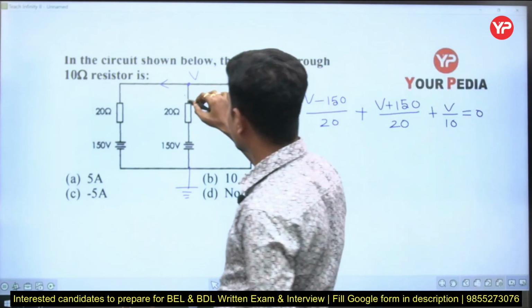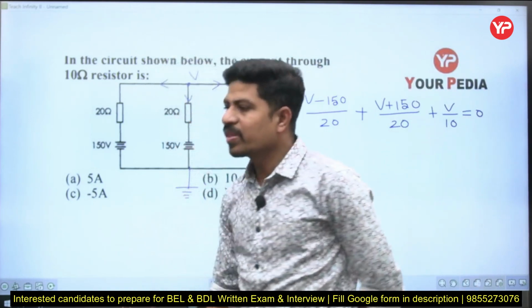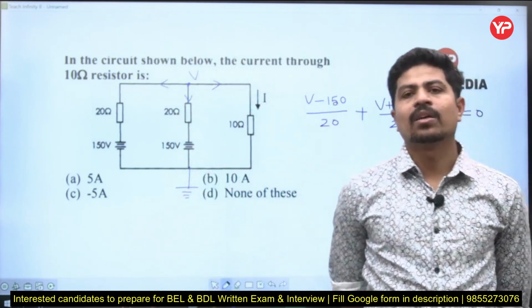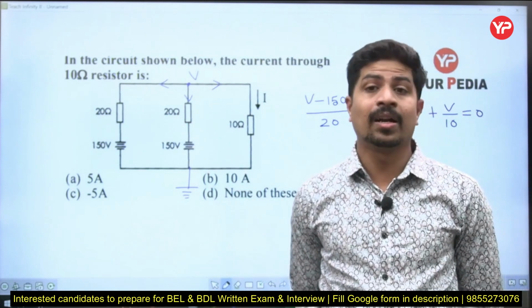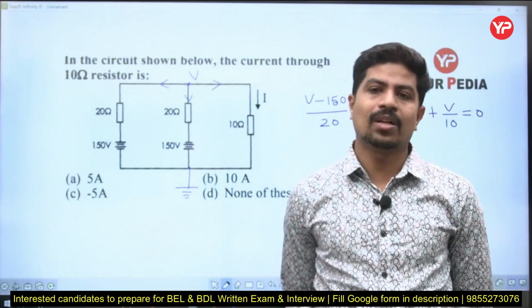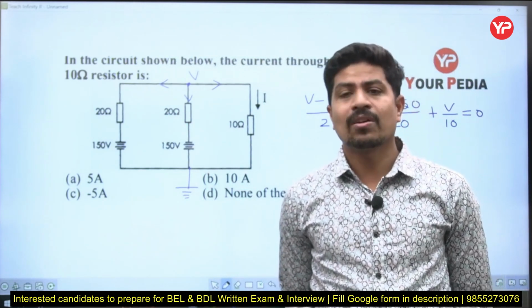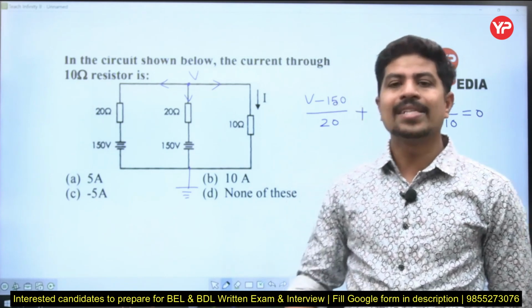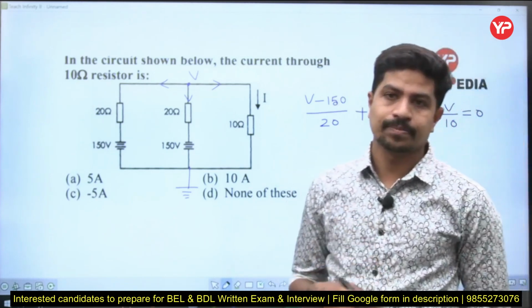I am saying this current is leaving, this is also leaving. You may be thinking, sir, you took all currents as leaving. You can take some as leaving, some as entering, it is just an assumption. According to your assumption you will get your answer, but all answers finally will match.